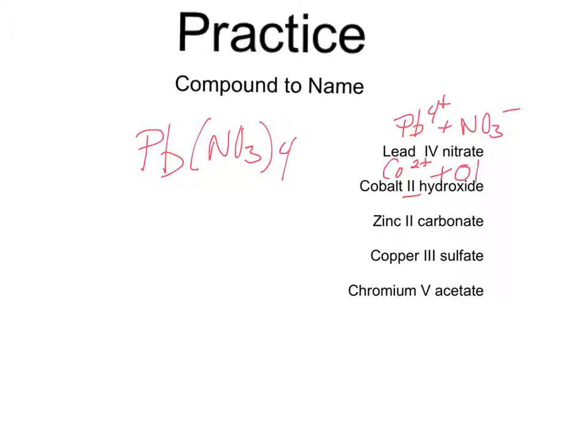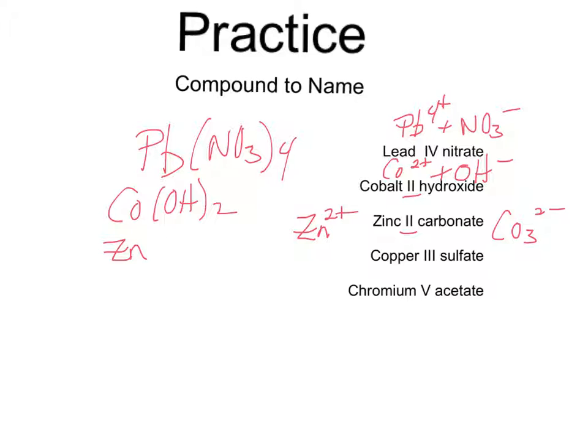I'm going to add it to hydroxide with a -1. So that would be cobalt, and then hydroxide, and I need 2 of them. Zinc 2. So that's going to be zinc with a 2 plus charge, and once again I got carbonate with a 2 minus charge. Those balance each other out, so I would just be writing zinc carbonate.